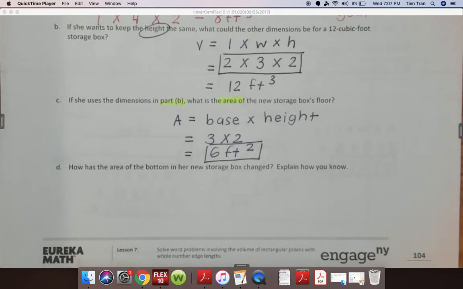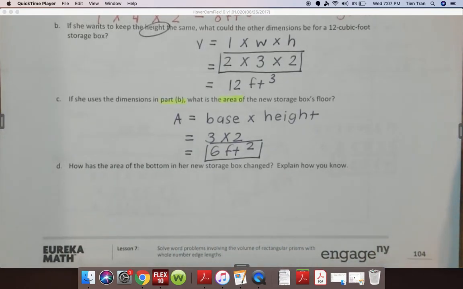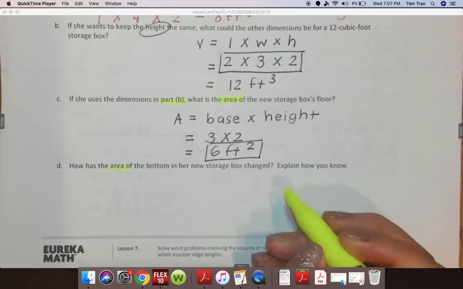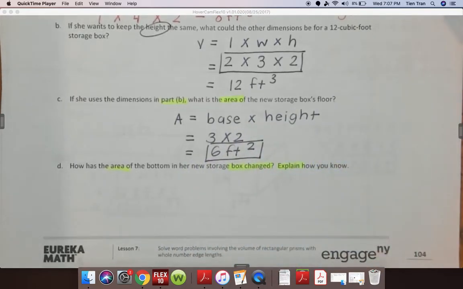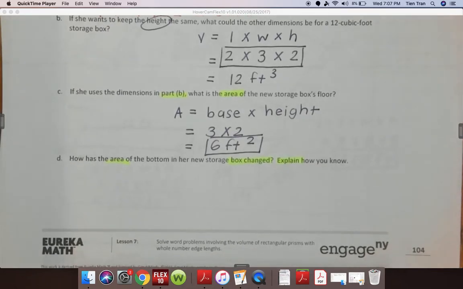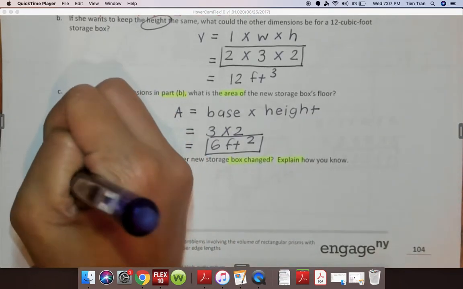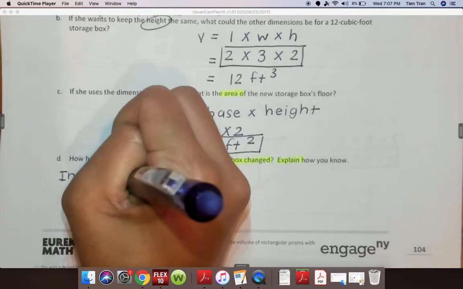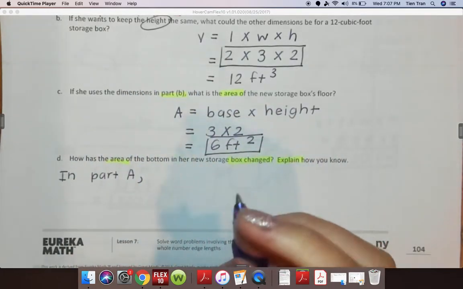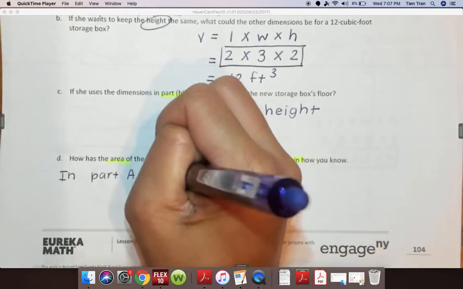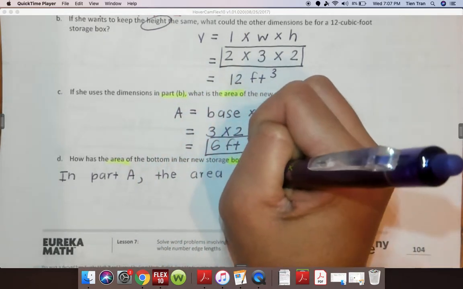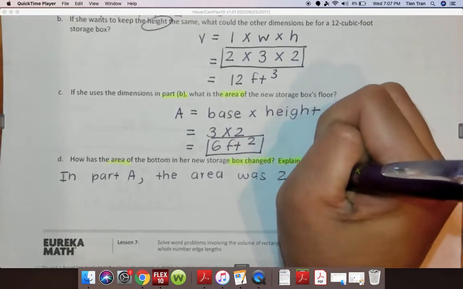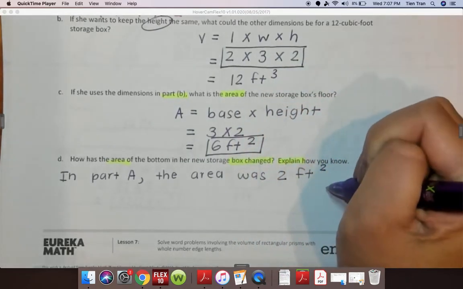Now, problem D. How has the area of the bottom in her new storage box changed? Explain how you know. So, at first, in part A, the area was 2 feet square.